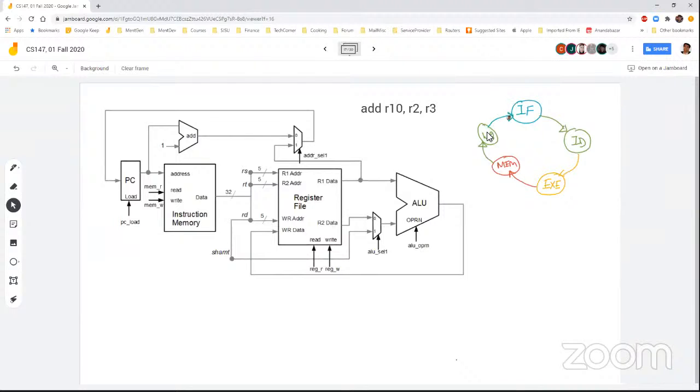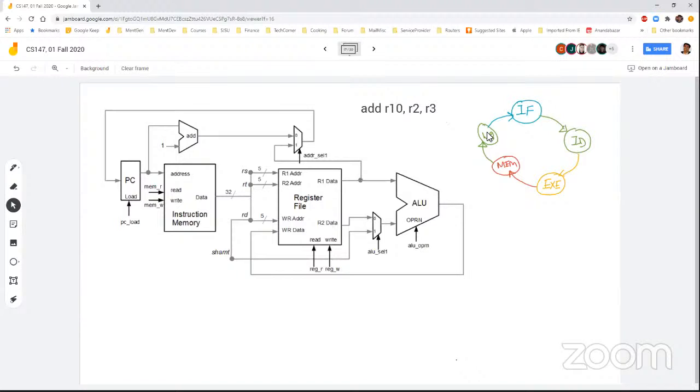So at these different points of time, your controller needs to issue the appropriate control signals to the data path to execute this specific instruction.